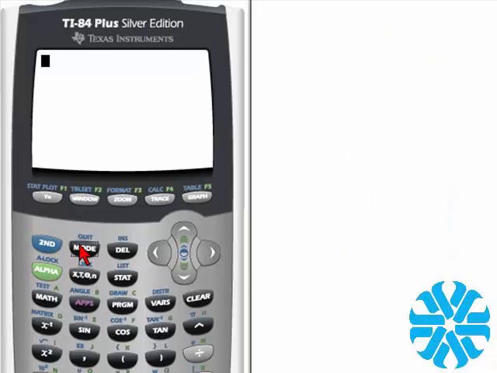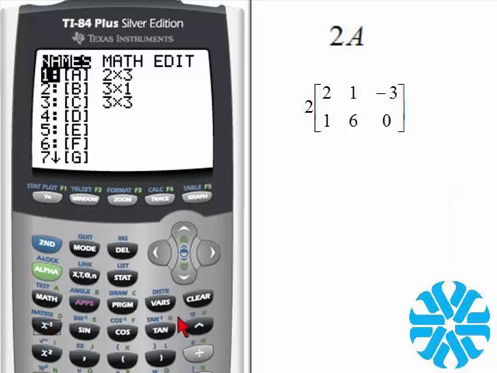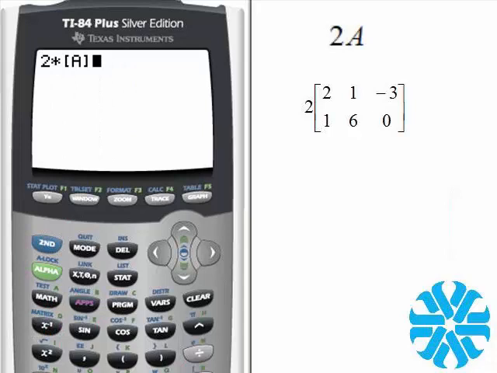For example number 1, we would like to compute 2 times matrix A. Remember, this is called scalar multiplication. So that's 2 multiplied by, and then call the matrix up, second function matrix, and matrix A. Enter, and select enter.